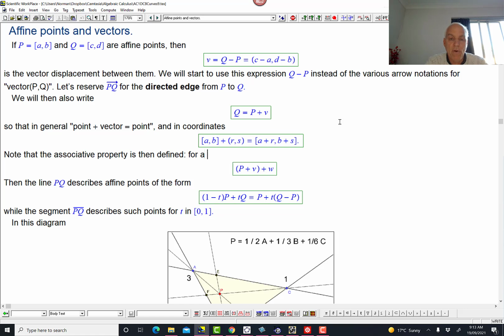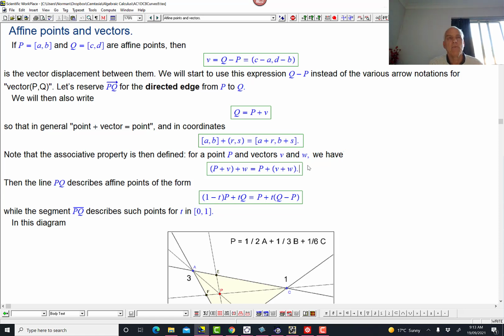So for a point P and vectors V and W, we have P plus V plus W, which should be another point, and that's going to be the same as the point P plus the vector V plus W. So vectors can be added. Vectors can be scalar multiplied.